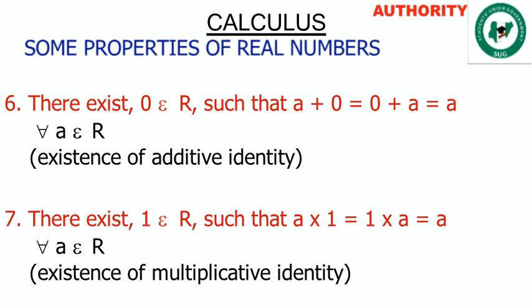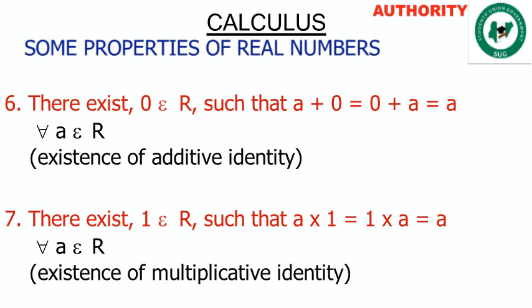Let me explain this. We say that in real numbers, there exists a number that when you multiply any real number with this number, it doesn't change. There exists a number that when it multiplies any other number, be it what, it cannot change.